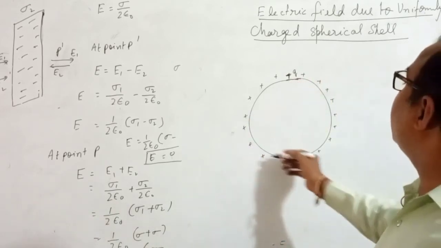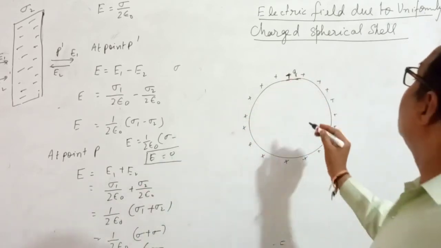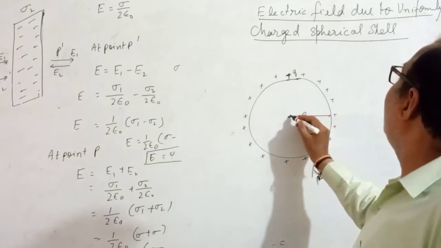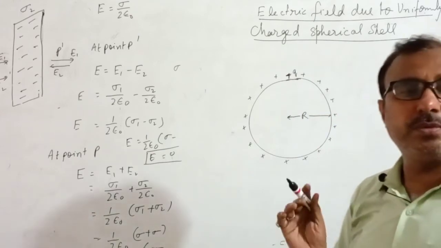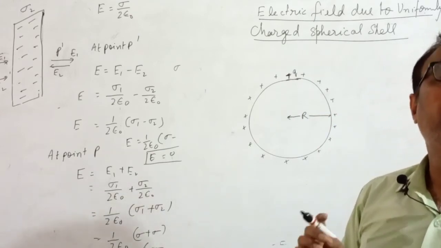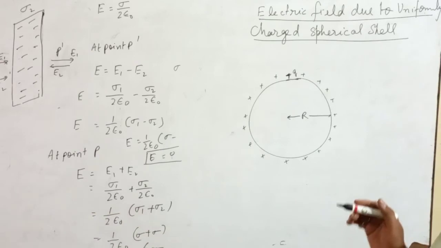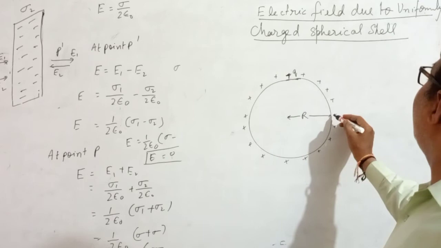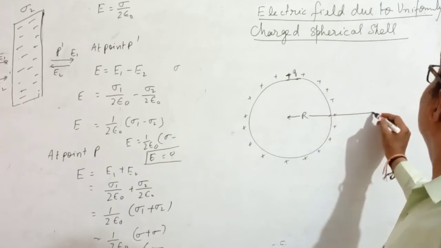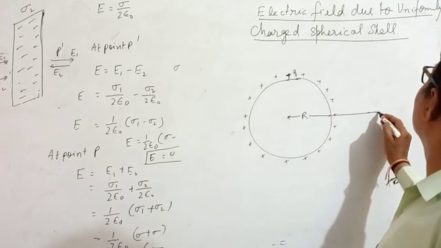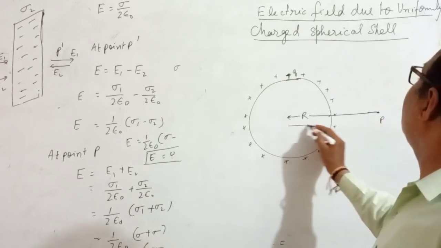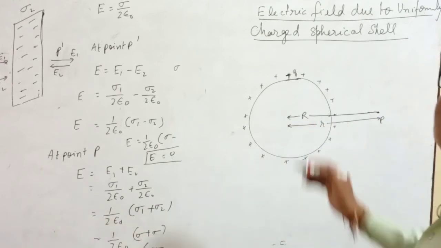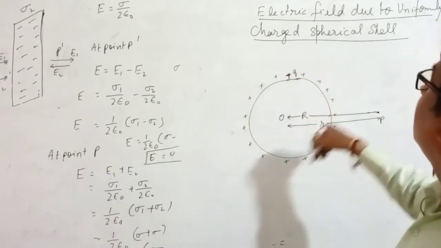You take a spherical cell which has charge Q. The radius of the spherical cell is capital R. Suppose that you want to find out the intensity of electric field due to this cell at point P, which is at small r distance from the center of the spherical cell.